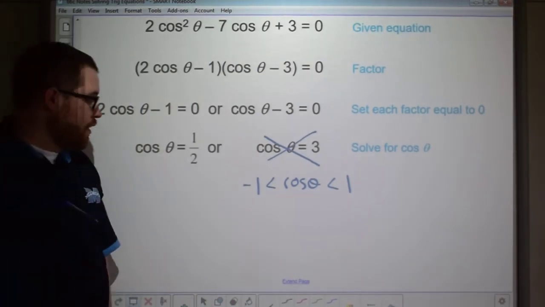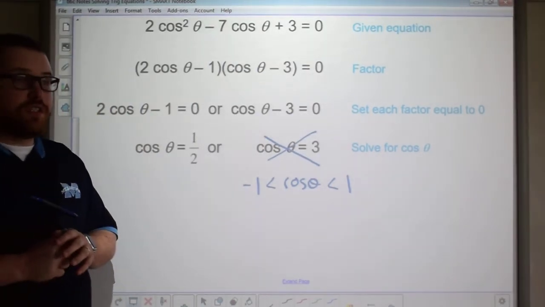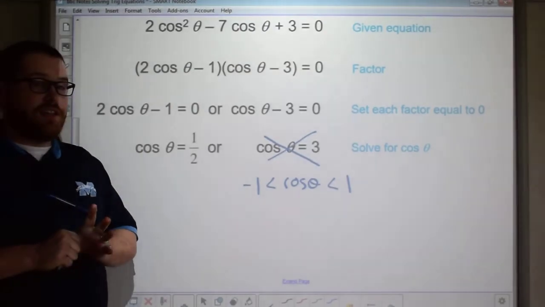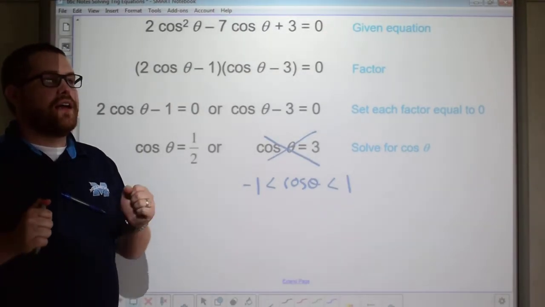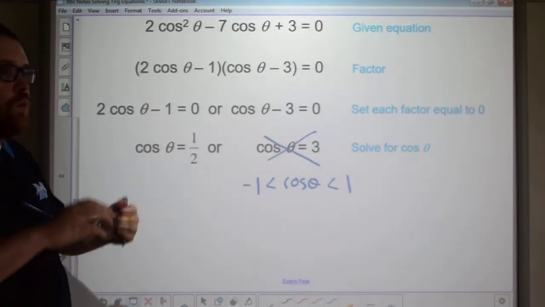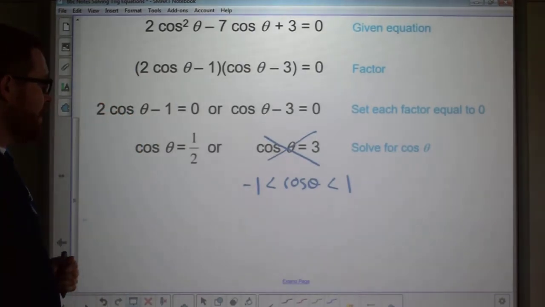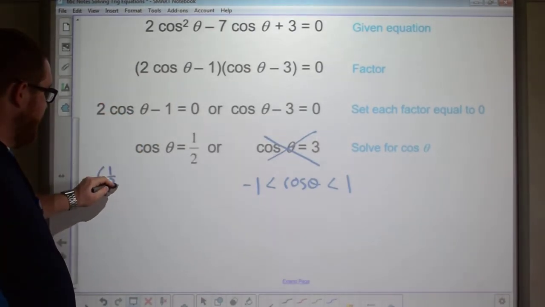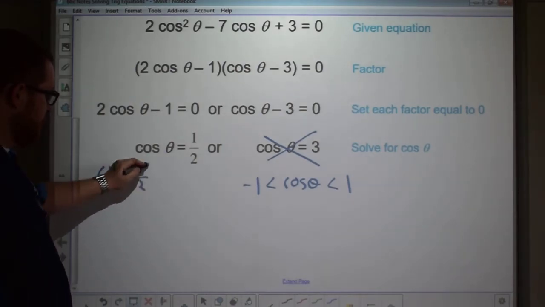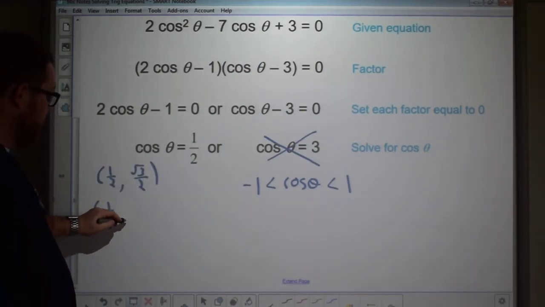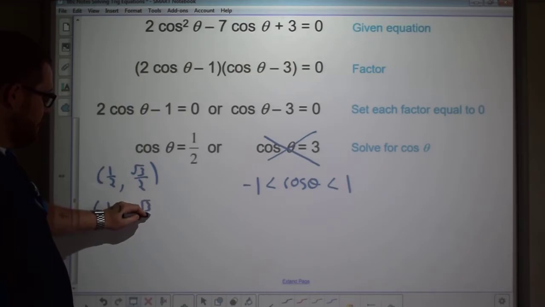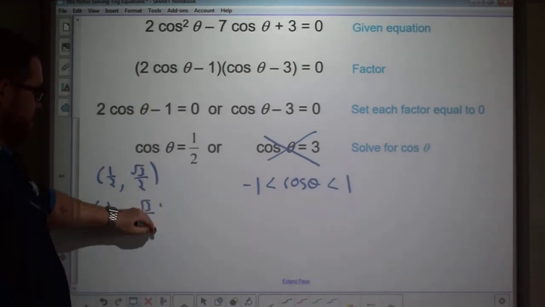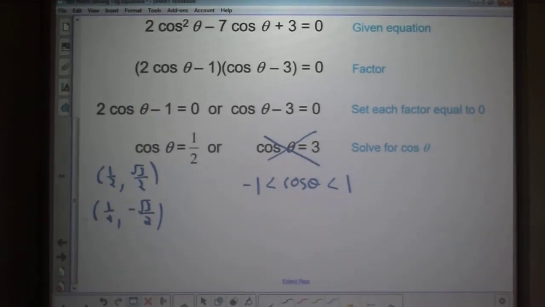On this side, where on the unit circle does cosine have an answer, or what angle has a cosine of 1/2? In other words, which point has an x value of 1/2? Oh, hold on, that's wrong.